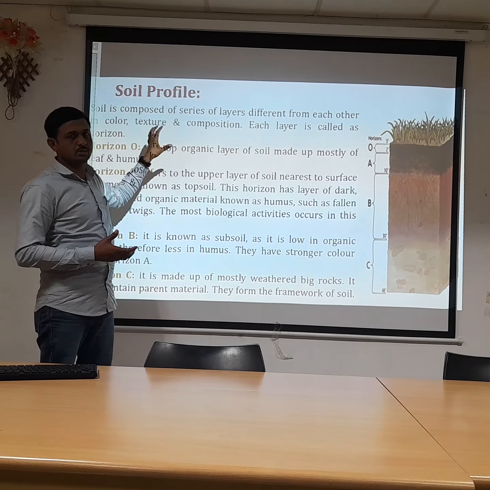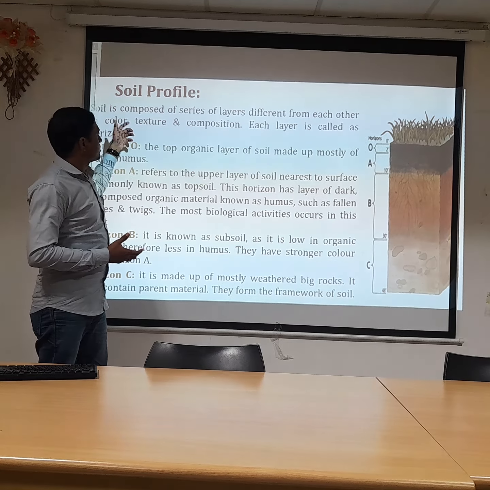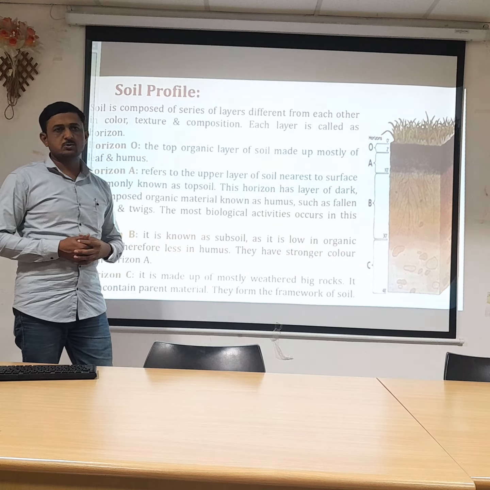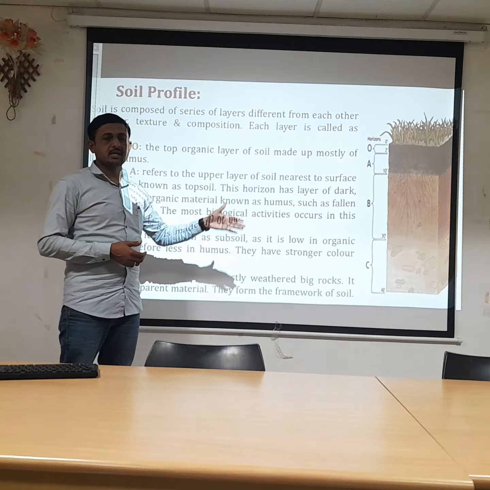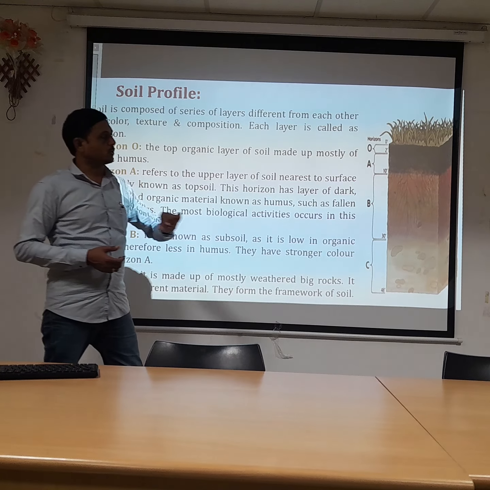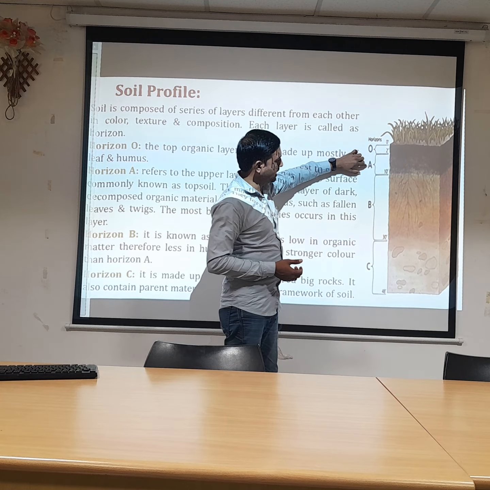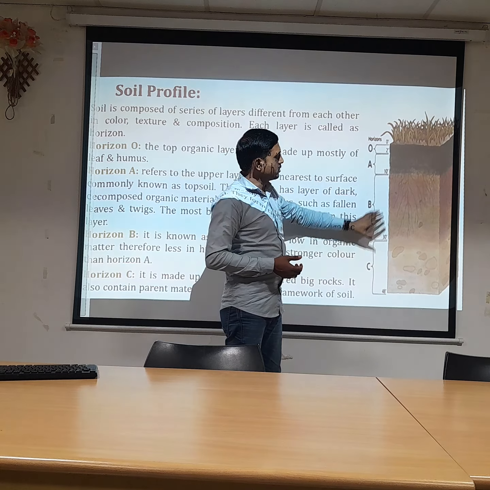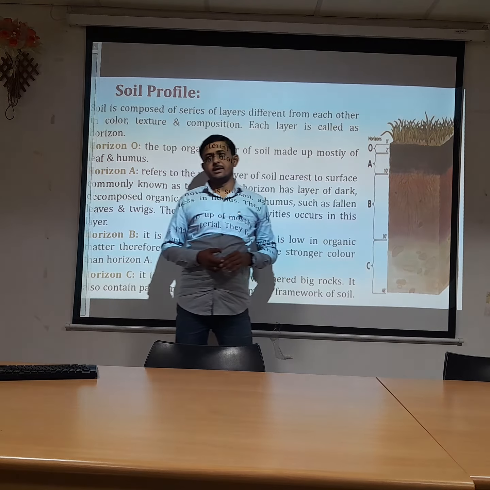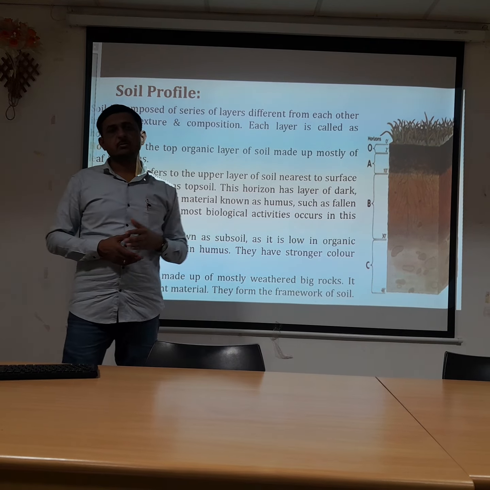All these are responsible factors. With respect to that, we can categorize soil into different layers, and each separate layer is called a horizon. Here we can see horizon O, horizon A, horizon B, horizon C. So with respect to depth, the horizons can be categorized.